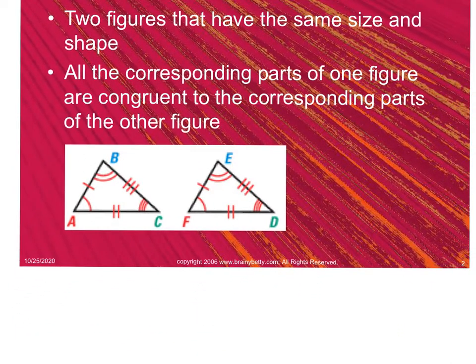So I'm going to start with my left triangle, and I'm going to say that angle A, because it's got the single mark there, is going to match with angle F of the triangle on the right.